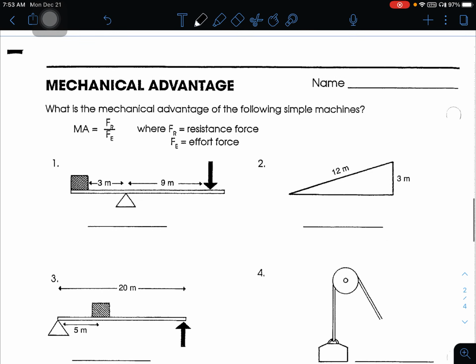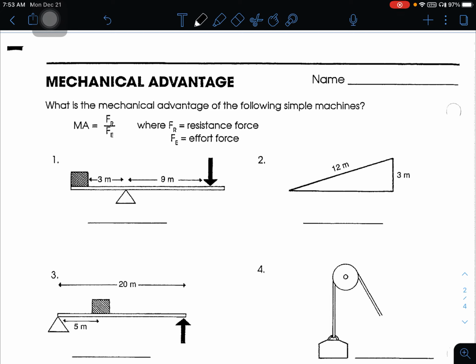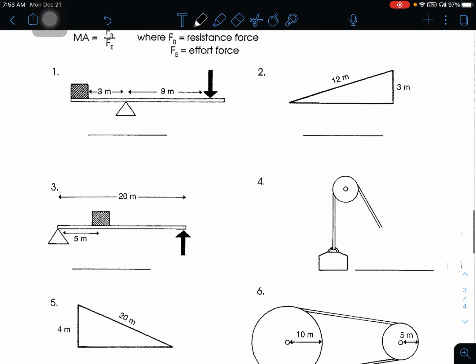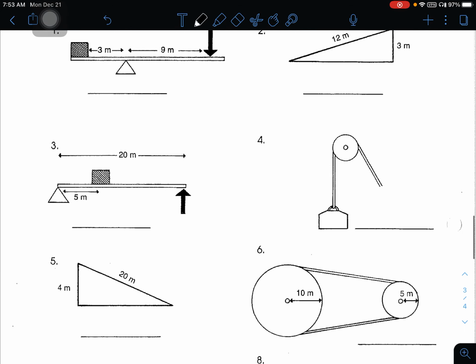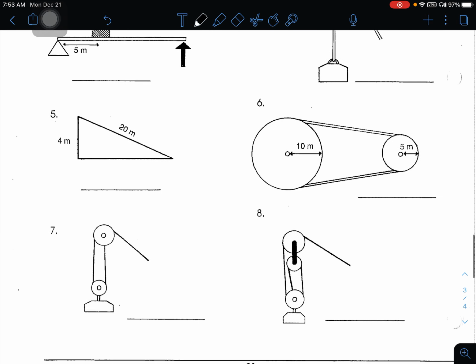All right, so we're going to look at the next sheet now. These are problems concerning mechanical advantage. You notice for number 1, we have a lever. Number 2, we have an incline plane. Number 3, we have a lever. Number 4, we have a pulley system. Number 5, an incline plane. Number 6, although it's hooked together by a belt, we have a wheel and axle system taking place where one large circular object turns another and they turn in tandem.